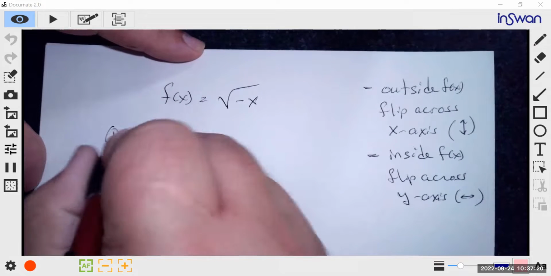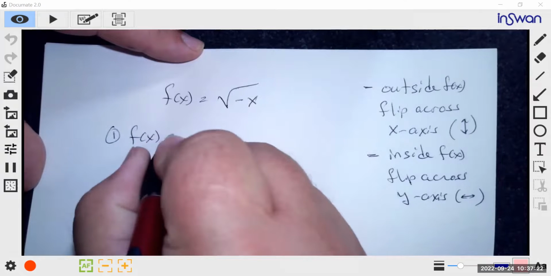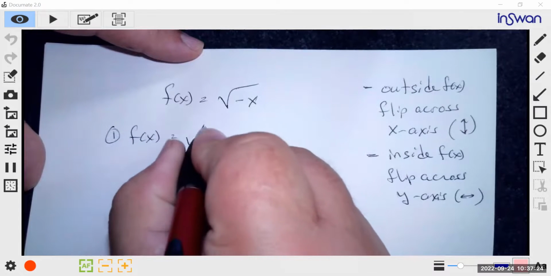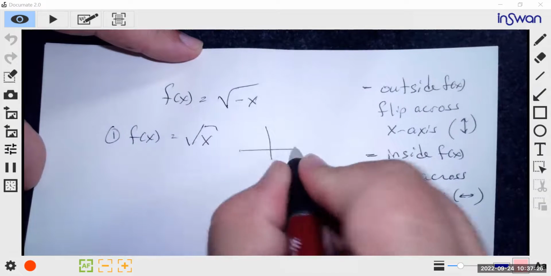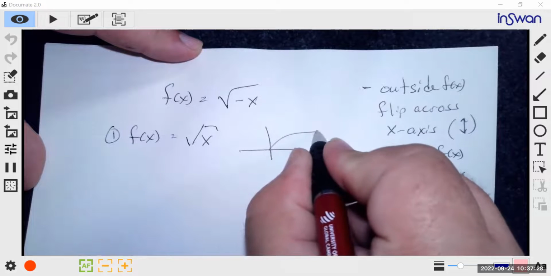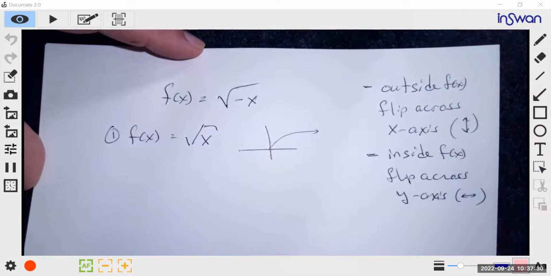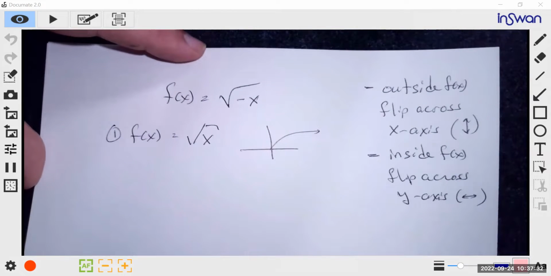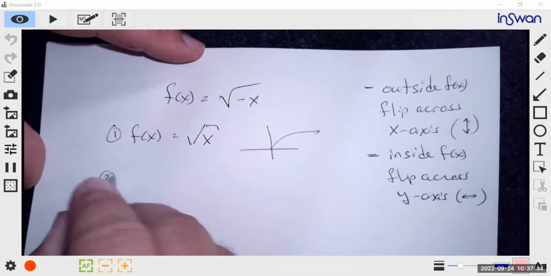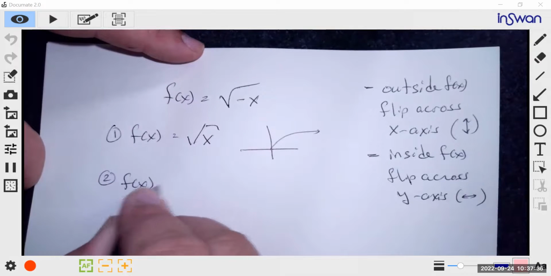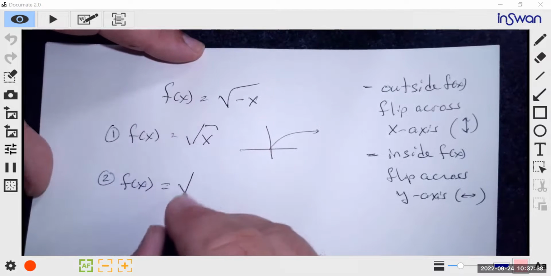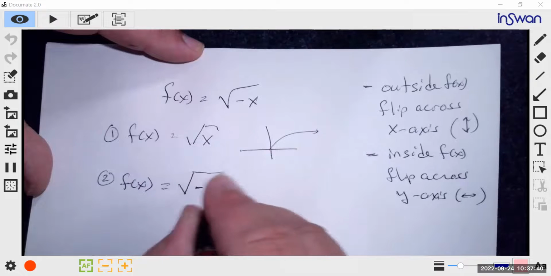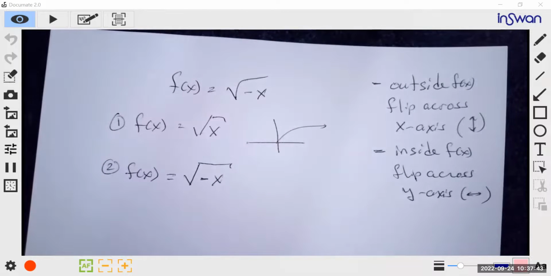So the original function here is the square root of x. The graph from your library chart is that. Now think of this.